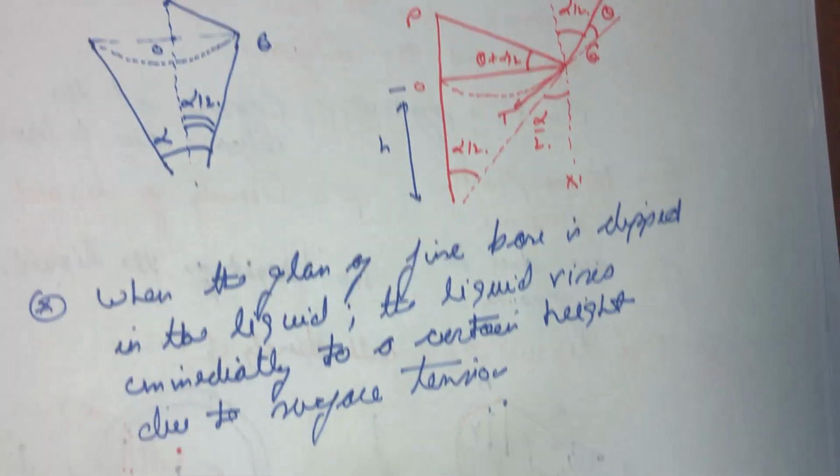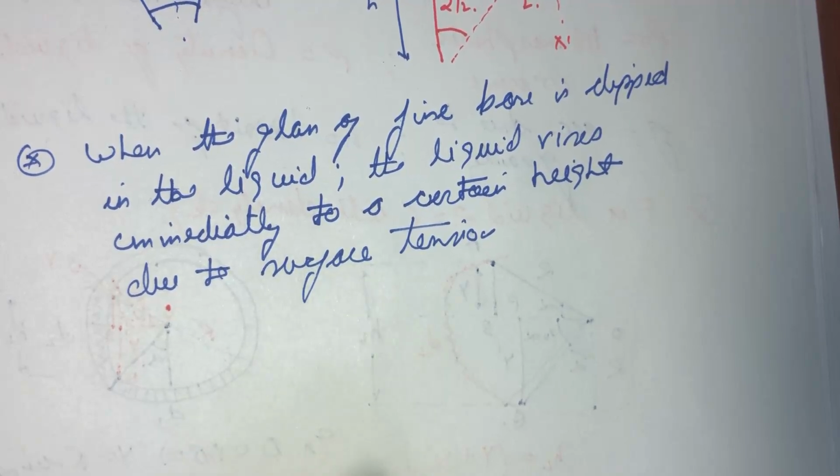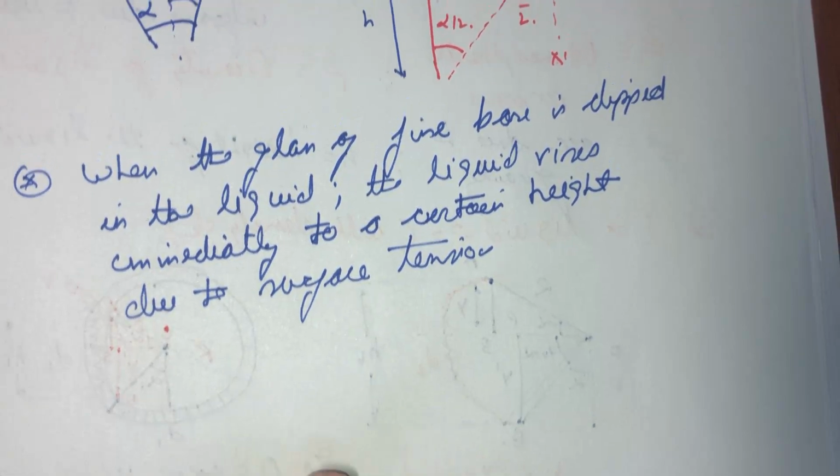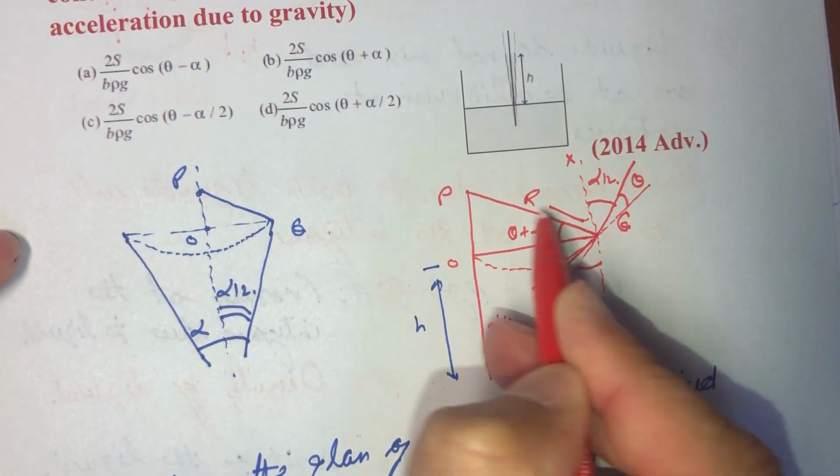And this liquid column is going to exert a force that we can call S per unit length along the line of contact, at the angle of inclination theta, and R is the radius of the capillary tube. This will be our R.